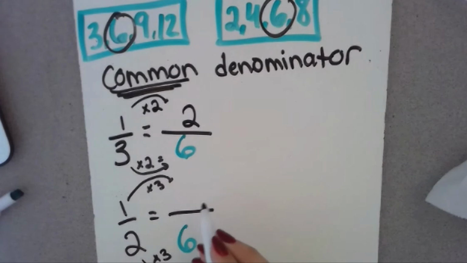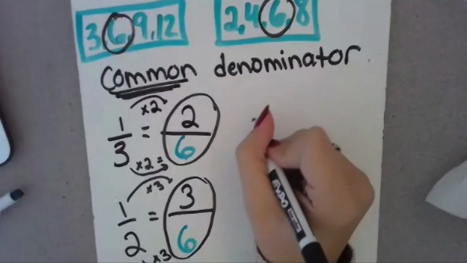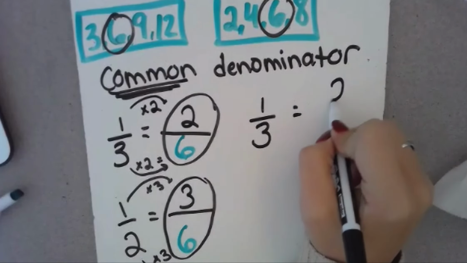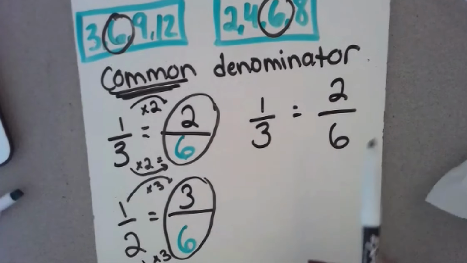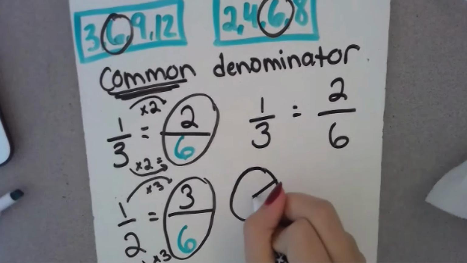All right. So I have these 2 new fractions. But they are equivalent. I didn't change the problem. I'm still solving for the same thing. It's just represented differently. Let me prove to you why this is still the same problem. I'm claiming that 1/3 is the same as 2/6. So here's my circle. I'm going to break it into thirds. I need one of them. Here's my circle.